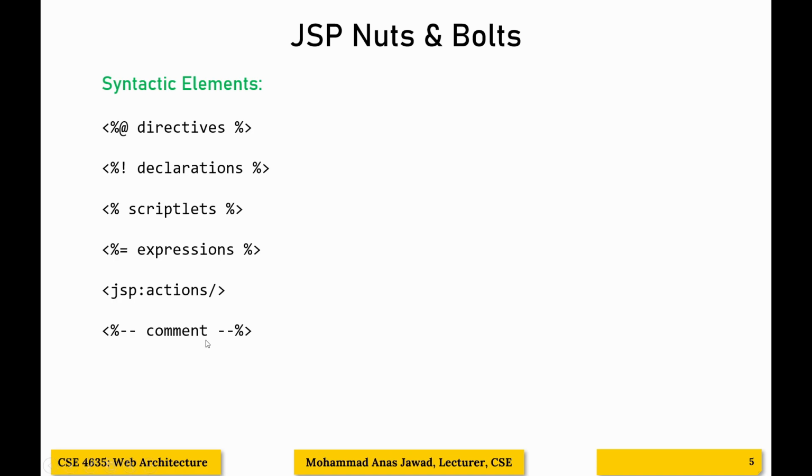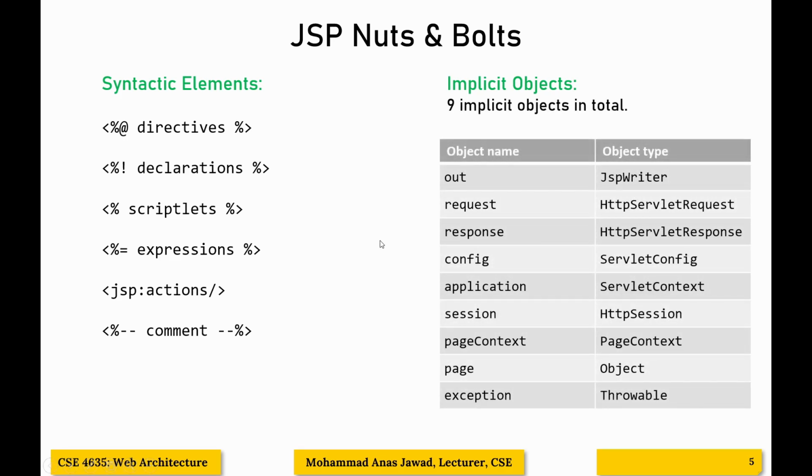Now there are some implicit objects inside your JSP page as well. There are a total of 9 implicit objects. These implicit objects are out, request, response, config, application, session, pageContext, page, and exception.